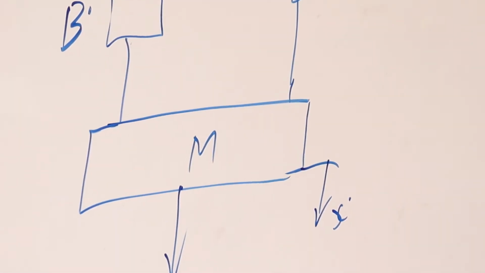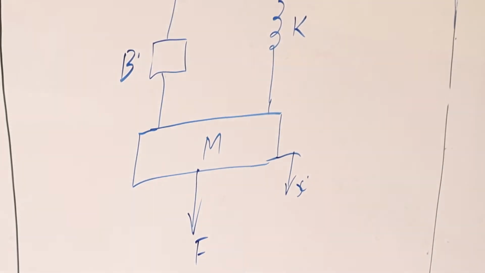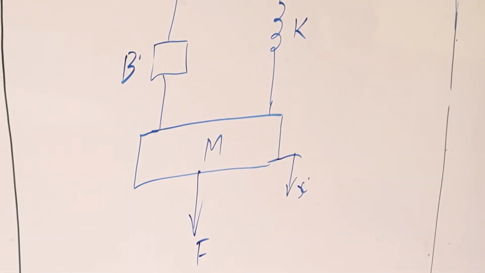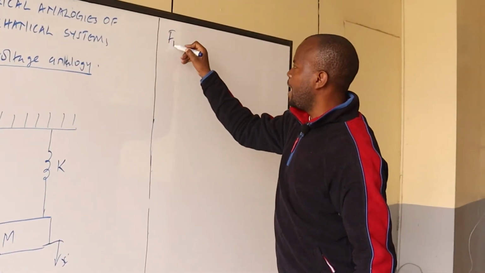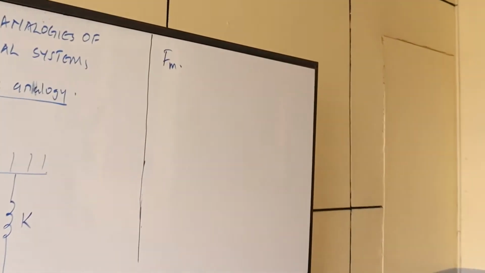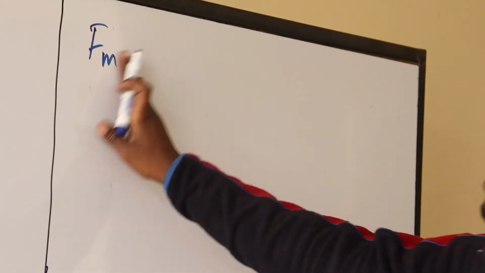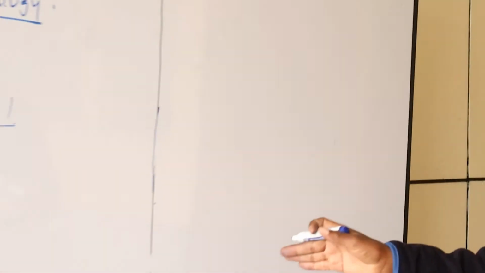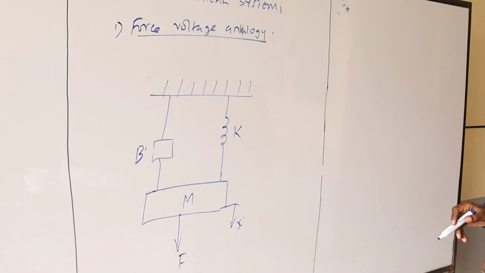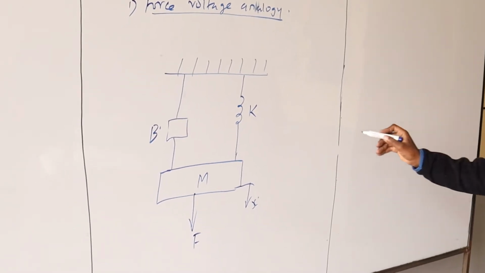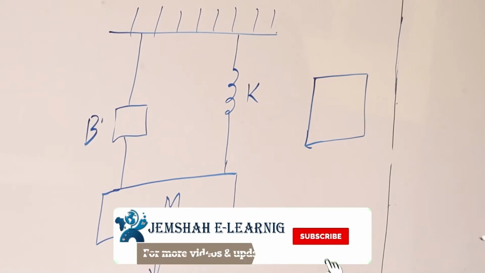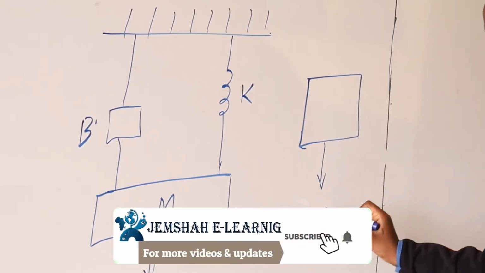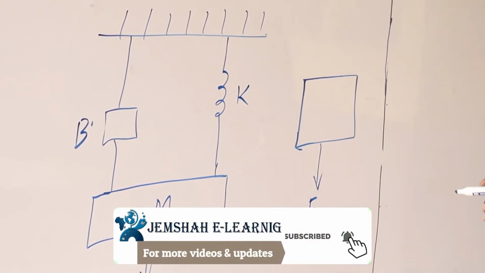So if we look at the force balance equation for this system, just to remind ourselves of the body diagram, if we draw a free body diagram, there will be a force moving it down.